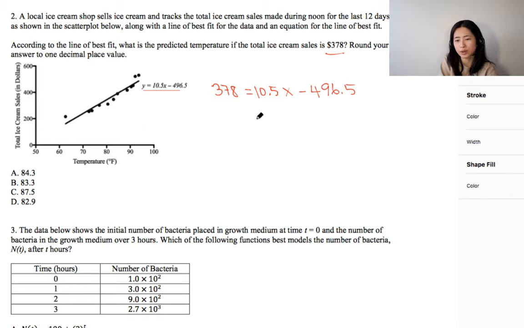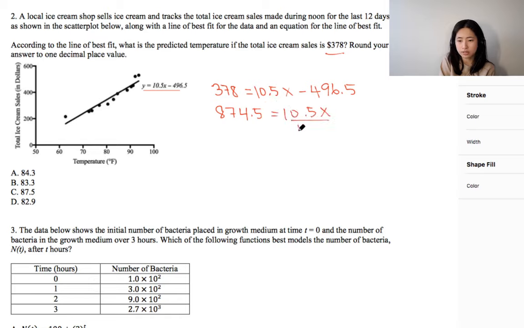Okay, so as you can see, all we need to do is isolate x, right? So 378 plus 496.5, because you need to move this to the opposite side of the equation. So this is equal to 874.5. And that's equal to 10.5x.